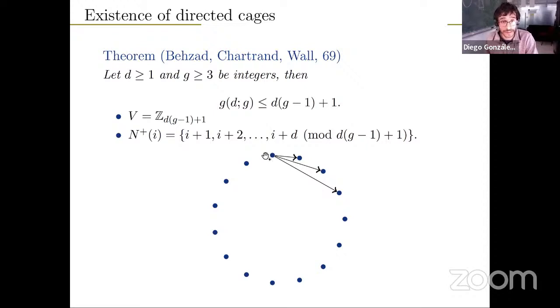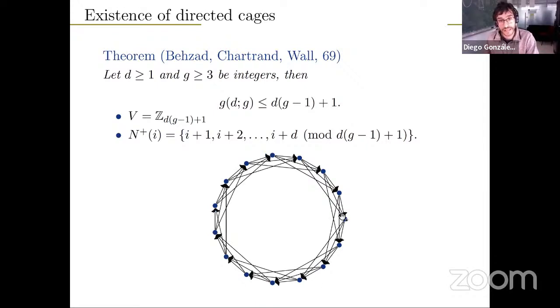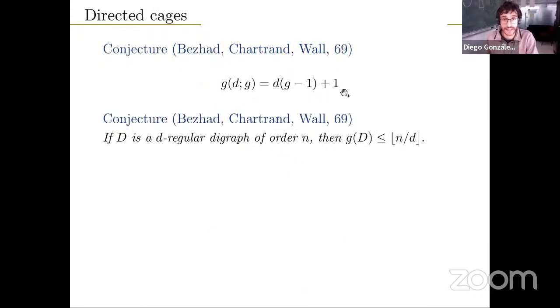In this case, we have the 3,6 cage. So this vertex is adjacent to the next 3 vertices, and the next vertex is adjacent to the following 3 vertices, and so on. This graph is going to be D-regular and is going to have girth G. So this is a construction of DG digraphs that gives us an upper bound for the order of a DG cage. In fact, in the same year, they conjectured that the order of a DG cage is exactly that number.